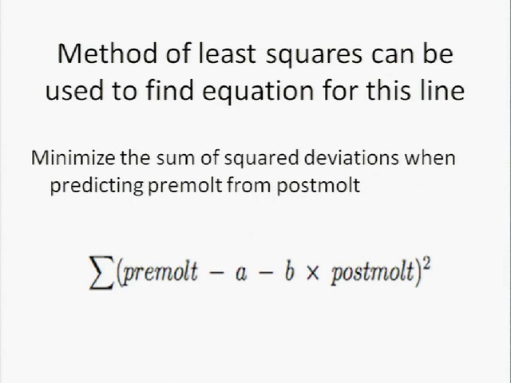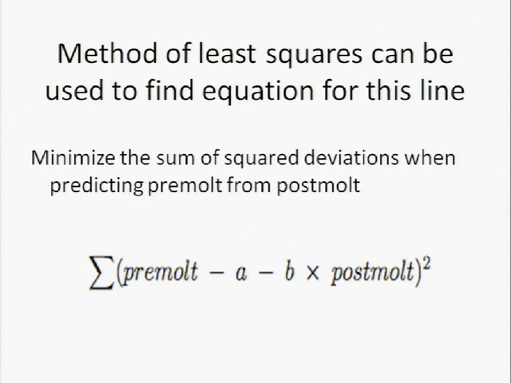The deviation is how far an actual data point, which is the pre-molt size, is away from A minus B times post-molt. You think about A minus B times the post-molt as the predicted value. So we're trying to minimize the difference between the actual value and the predicted value. If I can minimize those squared deviations, that's how I'm going to find my best A and best B.